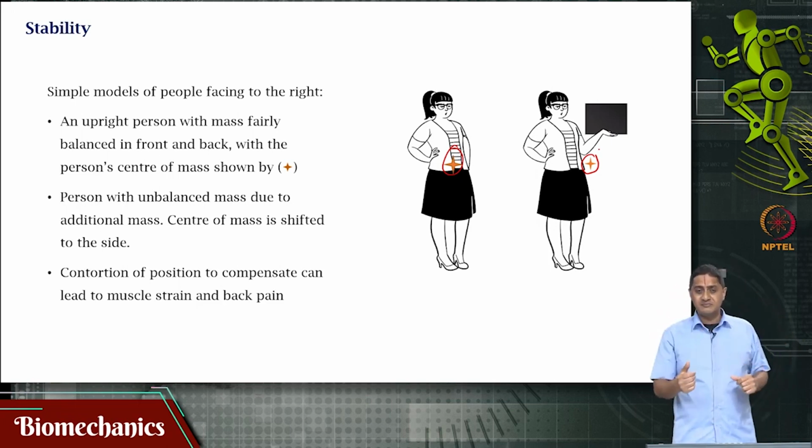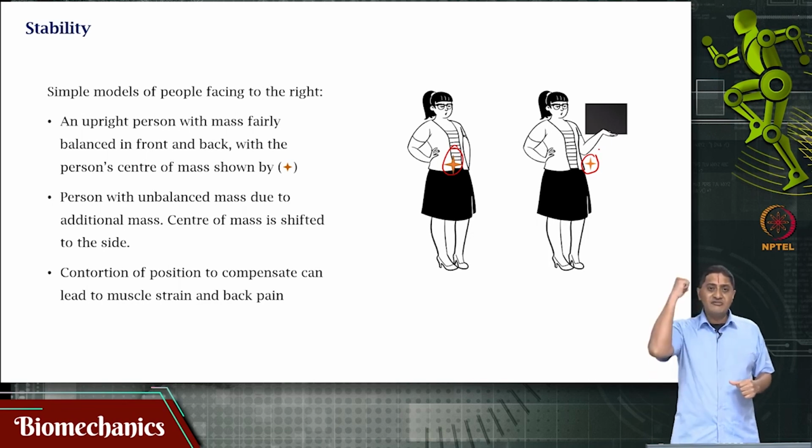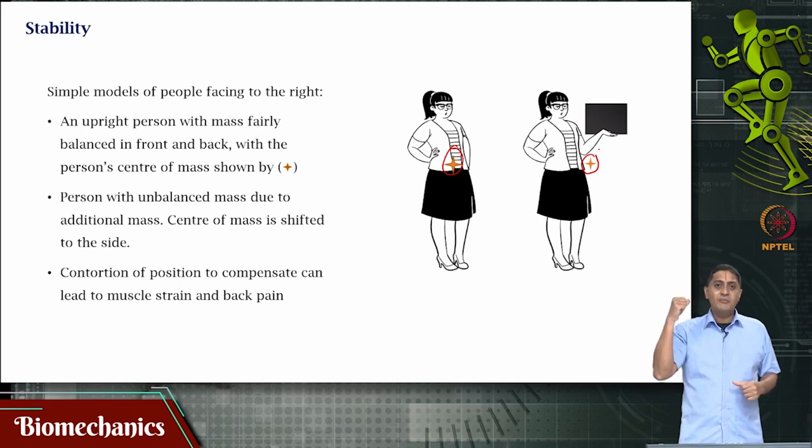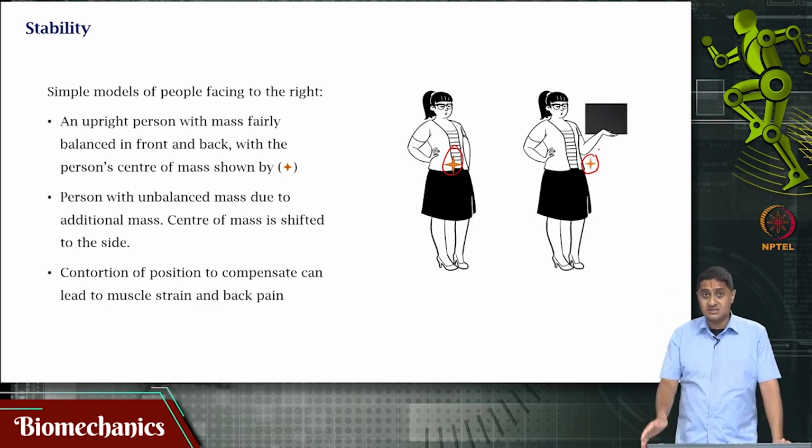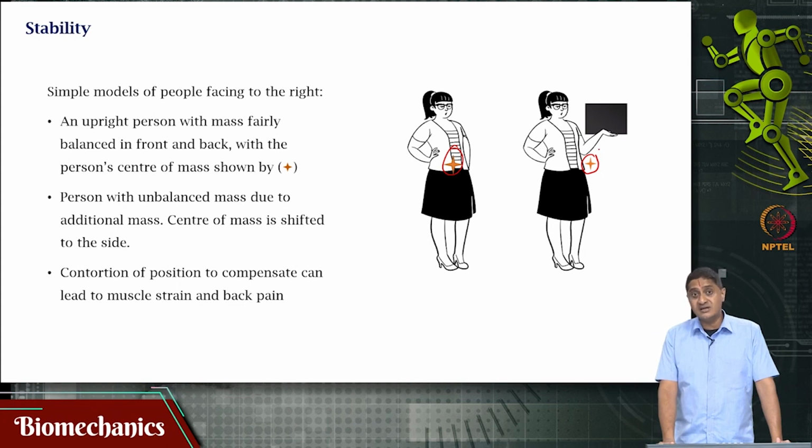In the sagittal plane, you will have to develop compensatory torques in the opposite direction, and these people will have to, as long as they are standing and as long as they are walking, consistently and continuously develop these compensatory torques with the muscles of the back, the erector spinae, whatever these muscles are.